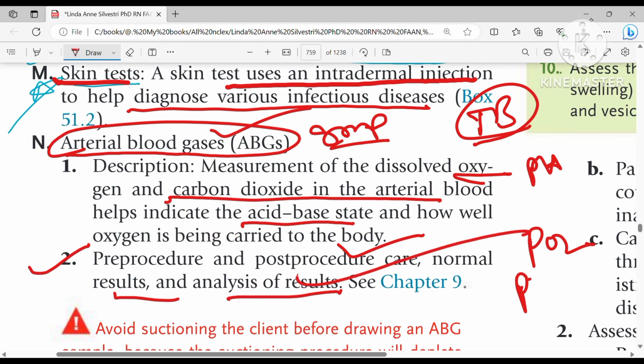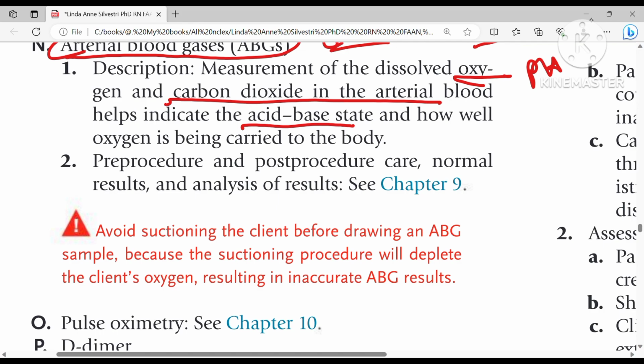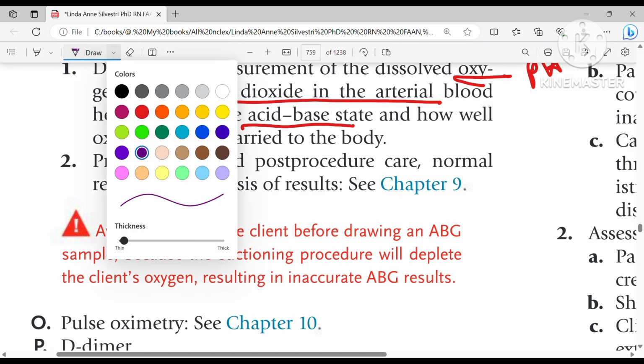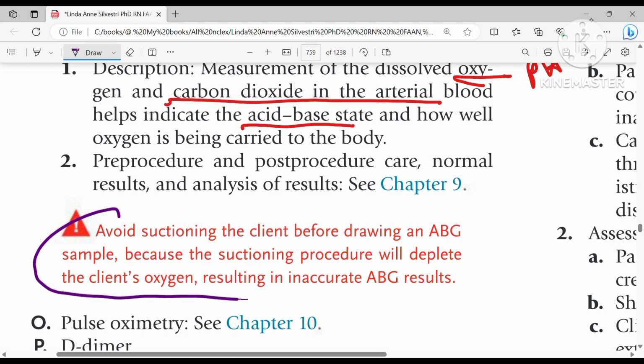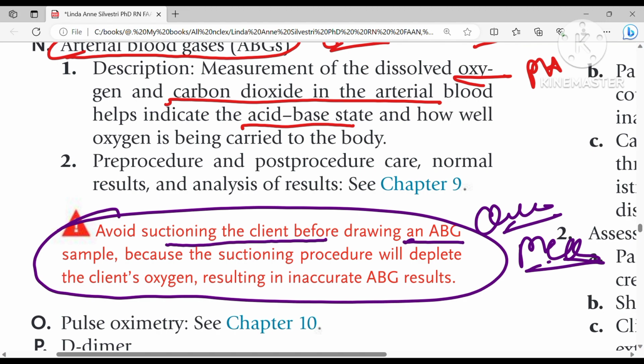Now, a very important point related to ABG. Whichever is in red, that is very important, that is a question for our MCQ. So what is the question here? Avoid suctioning the client before drawing an ABG sample, because the suctioning procedure will deplete the client's oxygen, resulting in an inaccurate ABG.